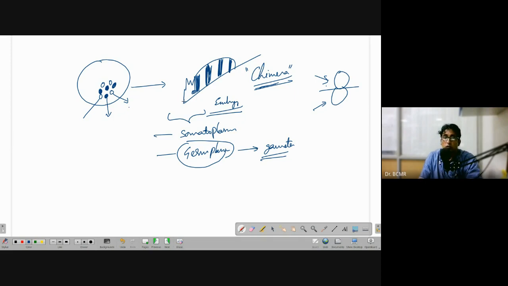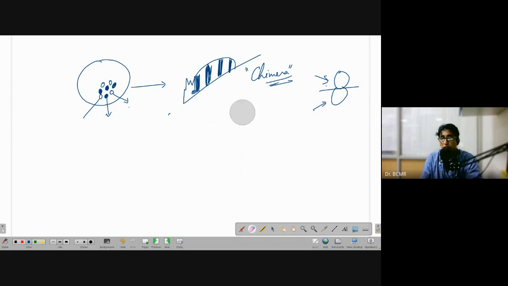So what we should be doing is identify which of these chimeras is actually useful to us. We are assuming that the blue one is the manipulated or transgenic type.